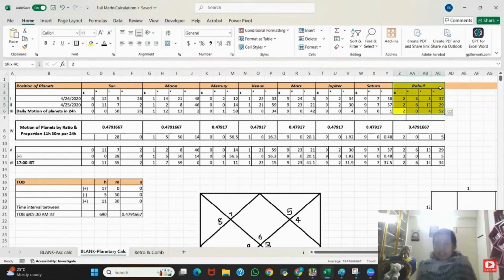So that's the reason I've highlighted it specially in yellow here. Then we will convert it to the required amount of time, and whatever time we have taken for the 25th of April, we add this time.